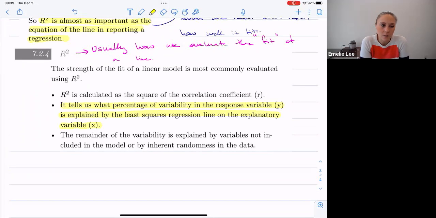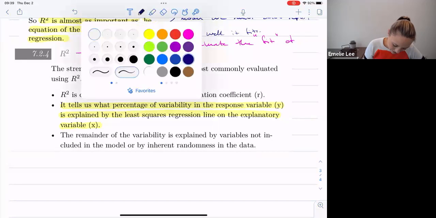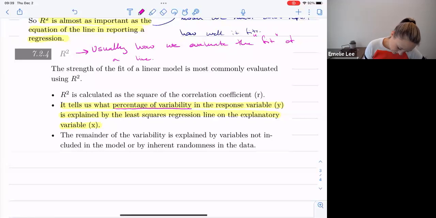It's the percentage or the proportion of variability in Y that's explained by the least squares regression line on X. But to help you out in the beginning, as soon as you see percentage of variability or proportion of variability, then I want your mind to go R squared. Think R squared.